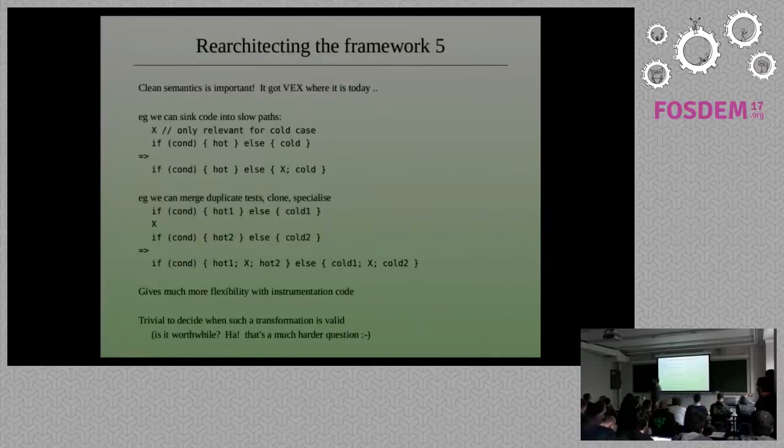For example, something that occurs quite often in the existing VEX framework is that you have to generate a piece of IR, which I've written just X here, and then it's followed by a side exit, which is almost never taken. For example, that would be an alignment check failure or a check for self-modifying code failure.